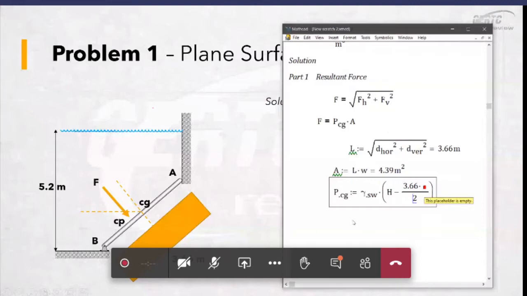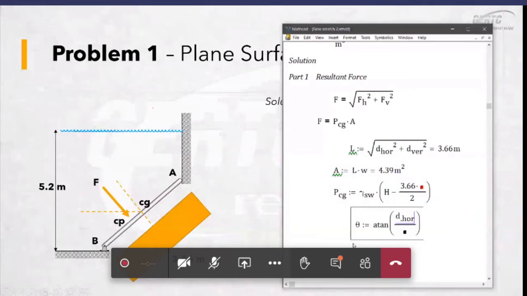Then arctan, and convert into degrees. So we get theta. I'm going to use that theta to calculate the pressure at the center of gravity.